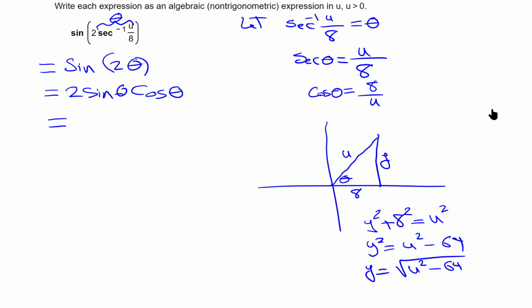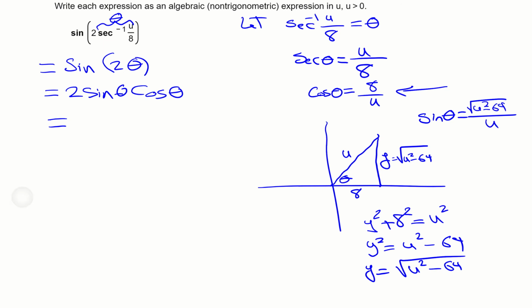All right, so now we're ready to go to work. We can see that we have cosine of theta, and now we can see that sine of theta is y over u, so it's the square root of u squared minus 64 over u.